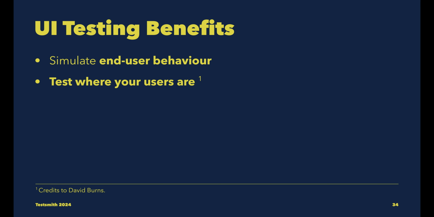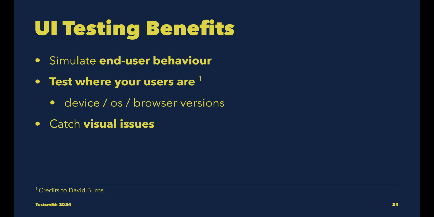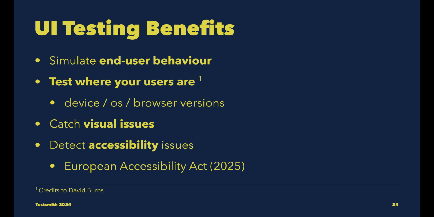Here I like to quote David Burns: "It enables you to test where your users are, and you should do so." You can catch visual issues with tools like Applitools and Percy. And something that becomes increasingly important, you can detect accessibility issues. In 2025, the European Accessibility Act gets presence.